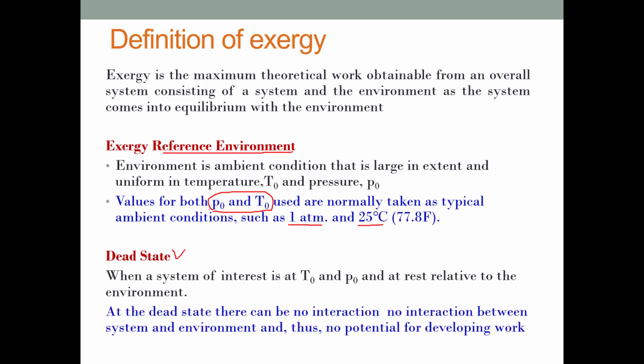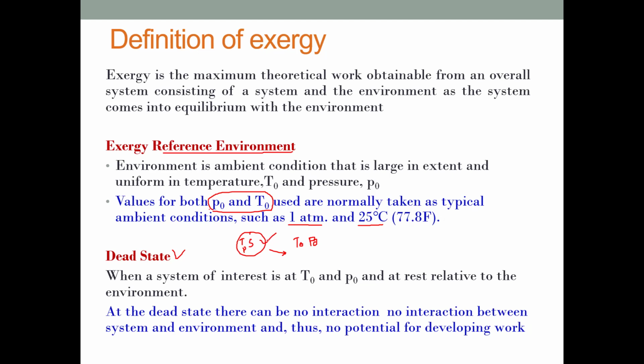And what is the dead state? Let's say this is the system, and the system has temperature T and pressure P, right? And the system has some environment, let's say environment temperature is T naught and pressure is P naught. So when the system and the surroundings are in thermal and mechanical equilibrium, then we call that system to be in the dead state.